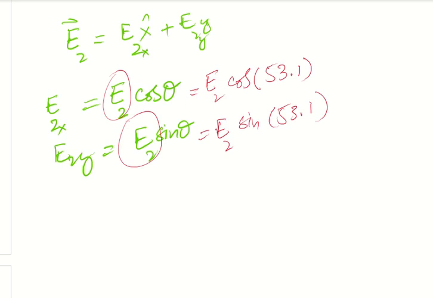This is 0.6. So here we would choose 1.8 into 10 raised to the power 5 multiplied by 0.60, and for E2 sine of theta or E2y we use 1.8 into 10 raised to the power 5 times sine of 53.1, that is 0.799.